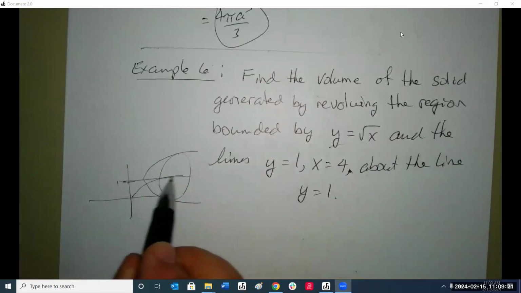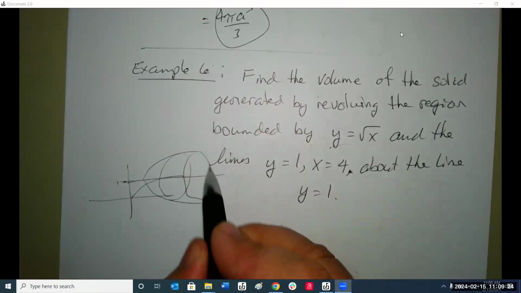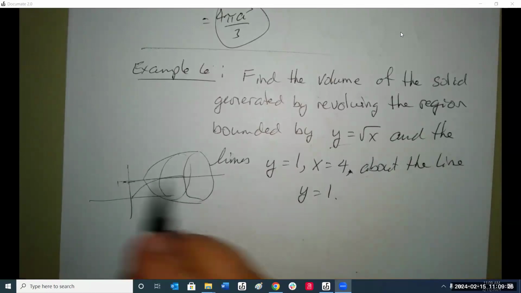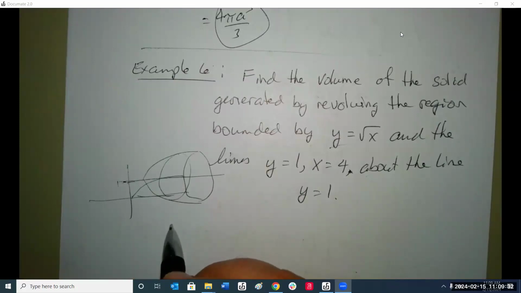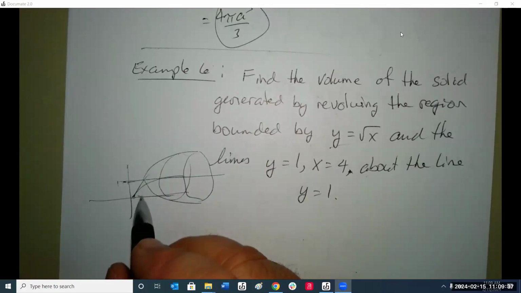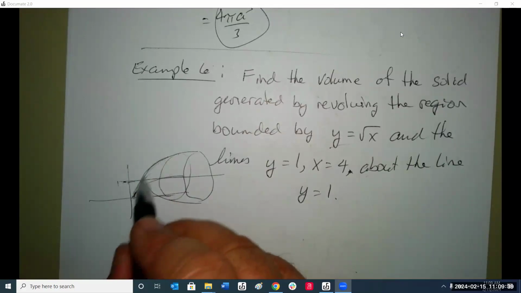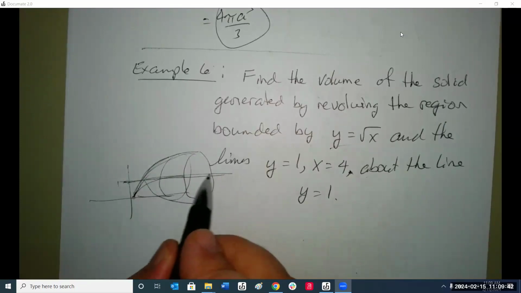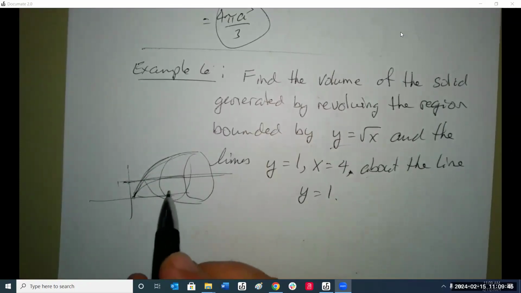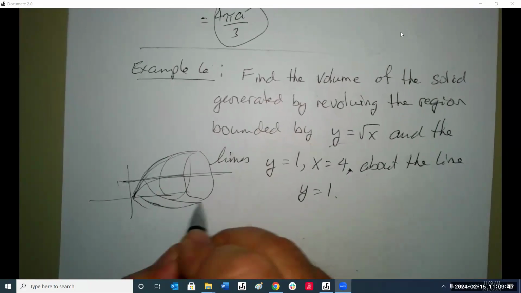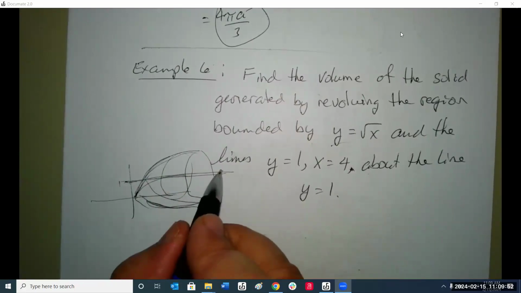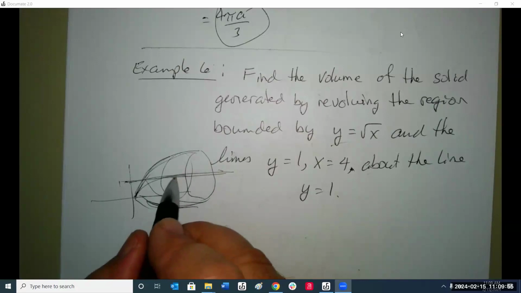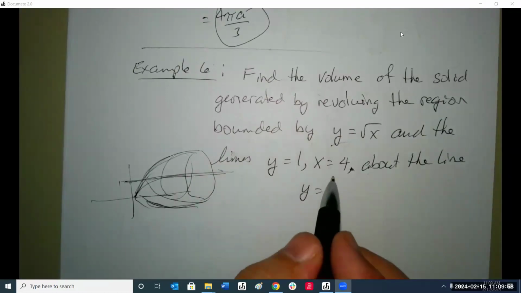So from this line to x equals 4, there's the curve, with that line there, and x equals 4.